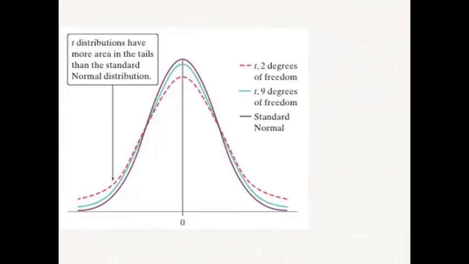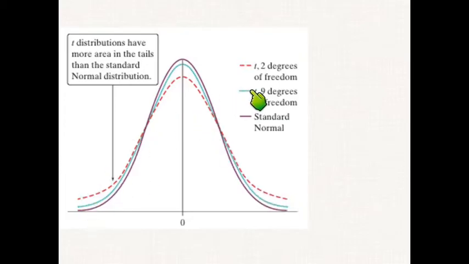So the t-distribution itself actually depends on sample size. So the purple curve here, this is actually the standard normal curve that we're used to. And then the red curve, the dotted one here, would be the t-distribution with 2 degrees of freedom. And we'll talk about that in a second. That means it's got a small sample size.